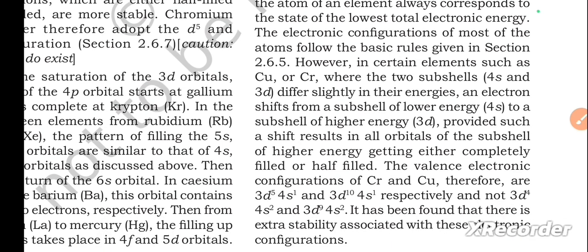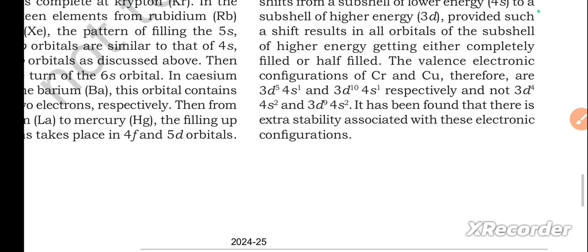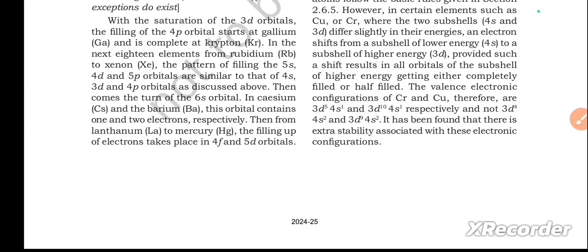However, in certain elements such as copper or chromium, where the two subshells 4s and 3d differ slightly in their energies, an electron shifts from a subshell of lower energy, 4s, to the subshell of higher energy, 3d, provided such a shift results in all orbitals of the subshell of higher energy getting either completely filled or half-filled. The valence electronic configurations of chromium and copper therefore are 3d5 4s1 and 3d10 4s1 respectively, and not 3d4 4s2 and 3d9 4s2. It has been found that there is extra stability associated with these electronic configurations.